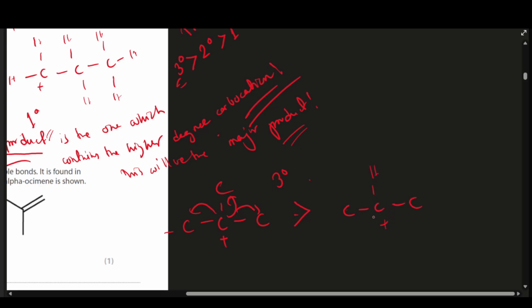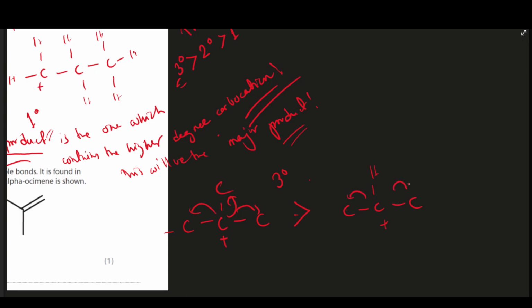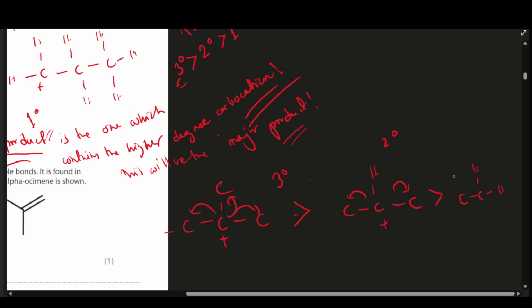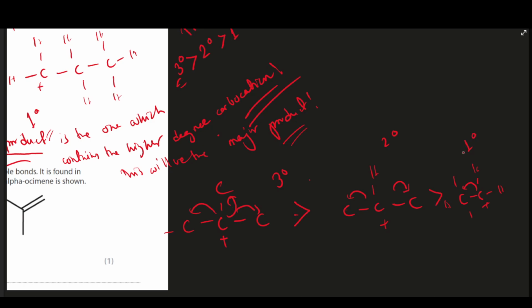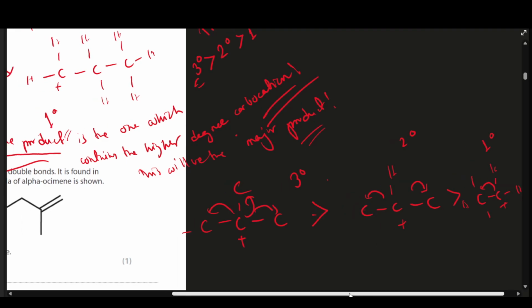Let's say the carbocation has been produced. If this carbon is connected with two carbons, then it's second degree. If this carbon is connected to only one carbon, then it's first degree. Did you understand how you distinguish third, second, first? Okay, I hope you do.